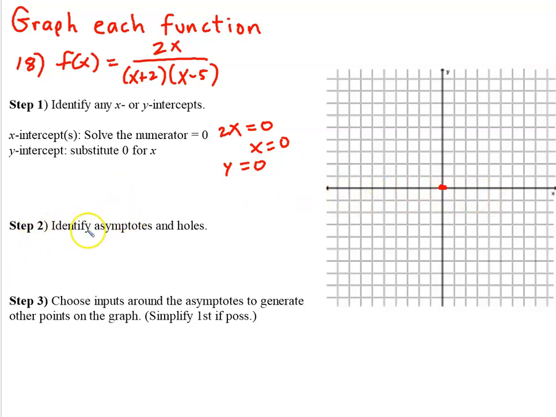Now let's see if we have any asymptotes. So for vertical asymptotes, numbers that make the denominator 0: x is -2, x is +5. Sketch those out. Here's x is -2 and +5.